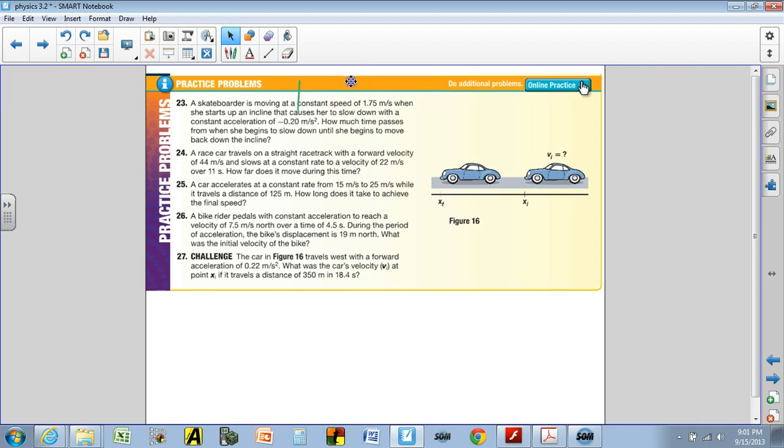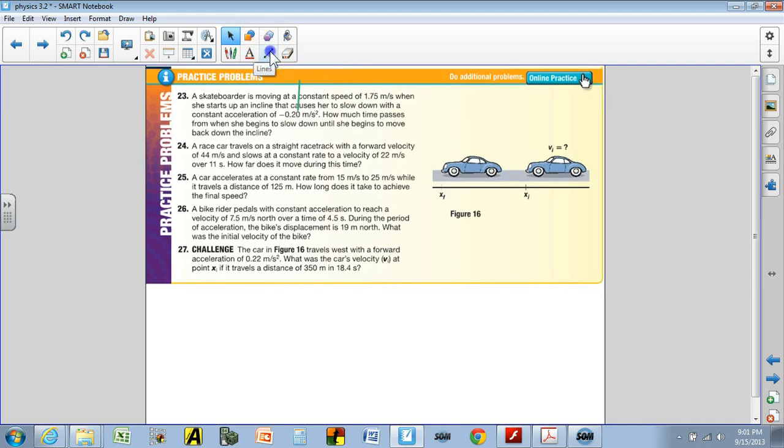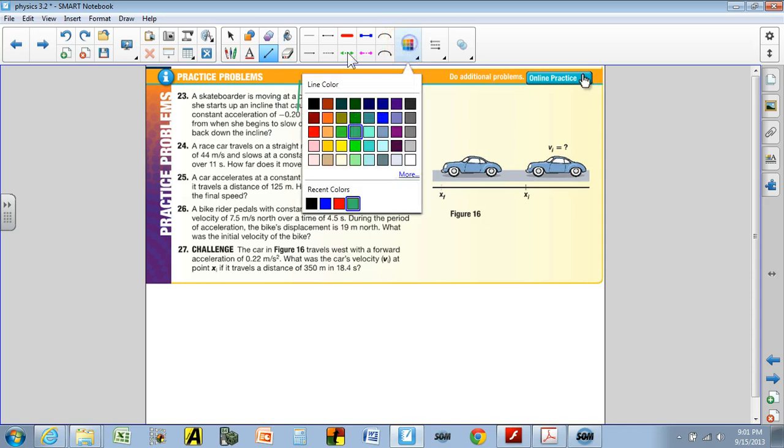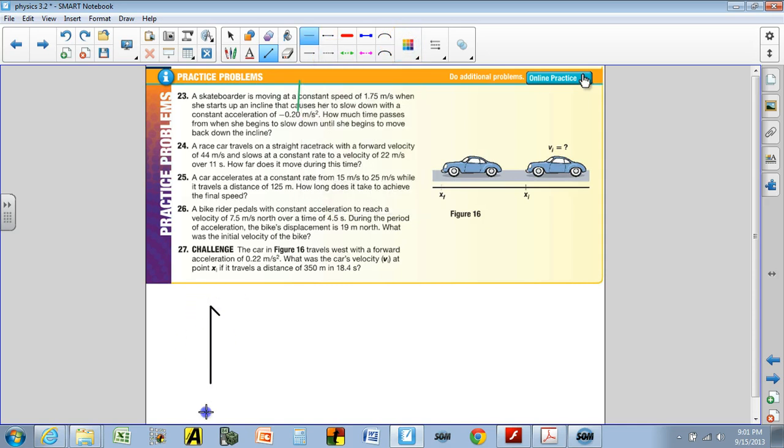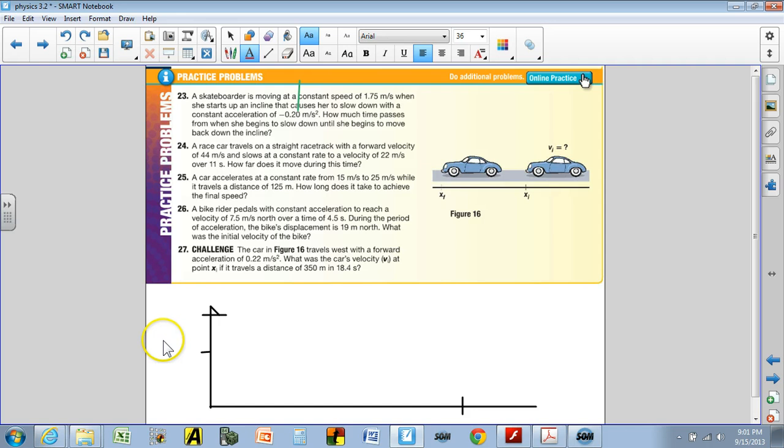Got to draw our graph, and we're starting at 15. So we need 15 on here. And we're going to 25.